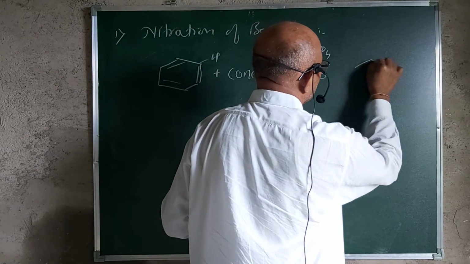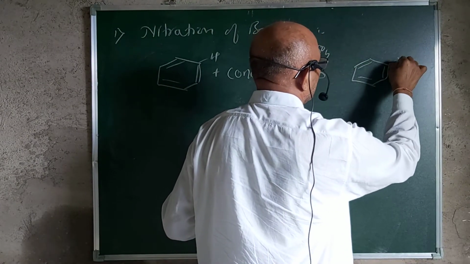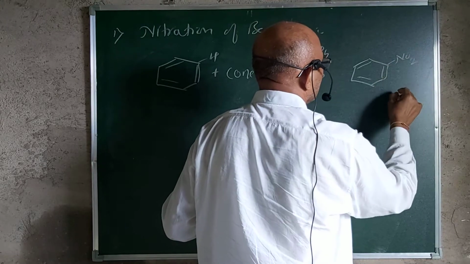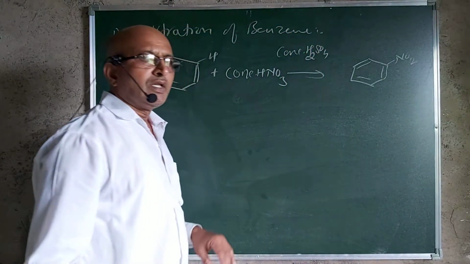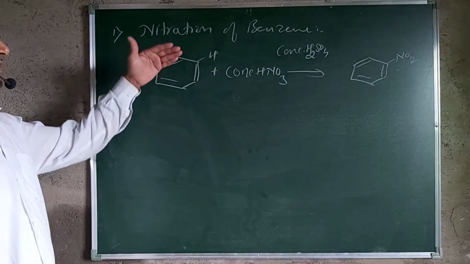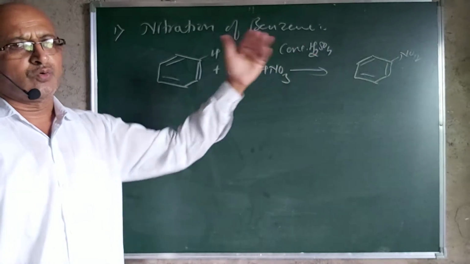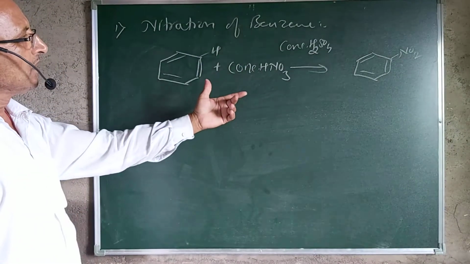The hydrogen atom is substituted by the nitronium ion, and we get the formation of nitrobenzene. Hydrogen is being substituted by a nitro group, which means it's an electrophilic substitution.